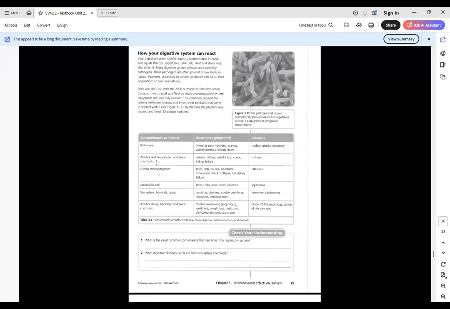It might not specifically state it in the reading, so what you could do instead is go back to table 3.3. It has lots of contaminants listed there. Look at the one that comes up the most often. You can list that as the most common contaminant. And that question's worth 1 mark.